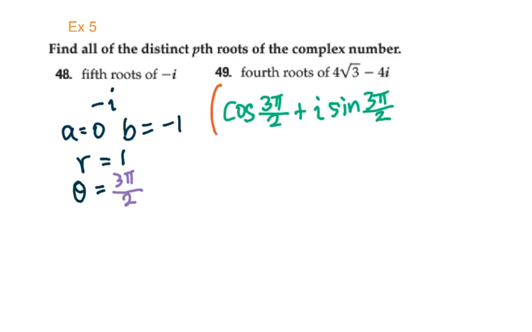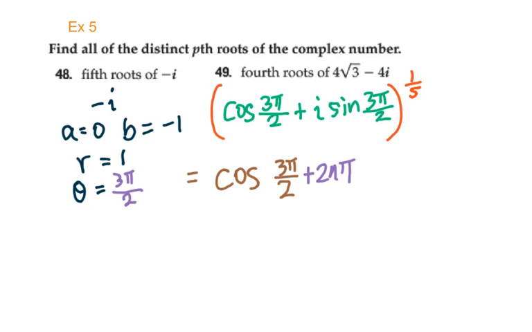Then I have to do the 1 over 5th power. So we can get cosine of 3 pi over 2, you have to add 2n pi, then divided by 5.